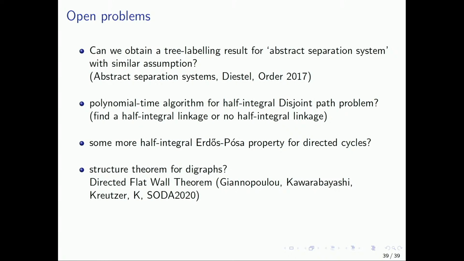That might be interesting. And then we are actually trying to go further than this tangle theorem to obtain some structural theorem when we exclude some clique as a butterfly minor. And then it may also be combined with the directed flat wall theorem, which we proved quite recently.